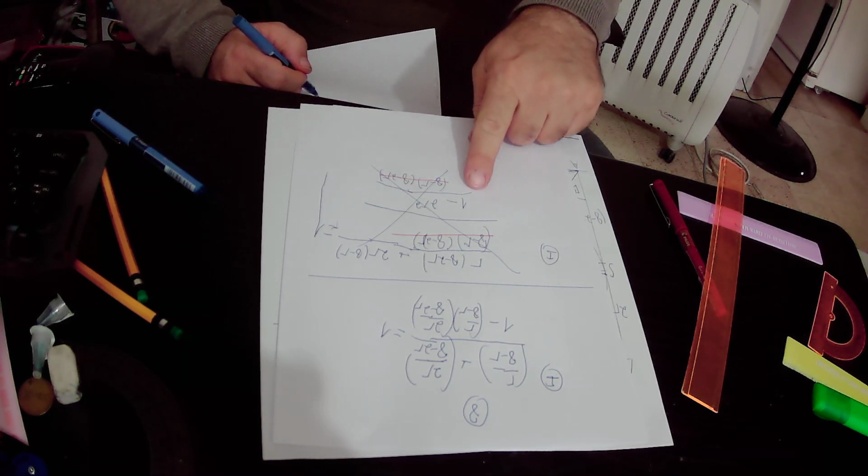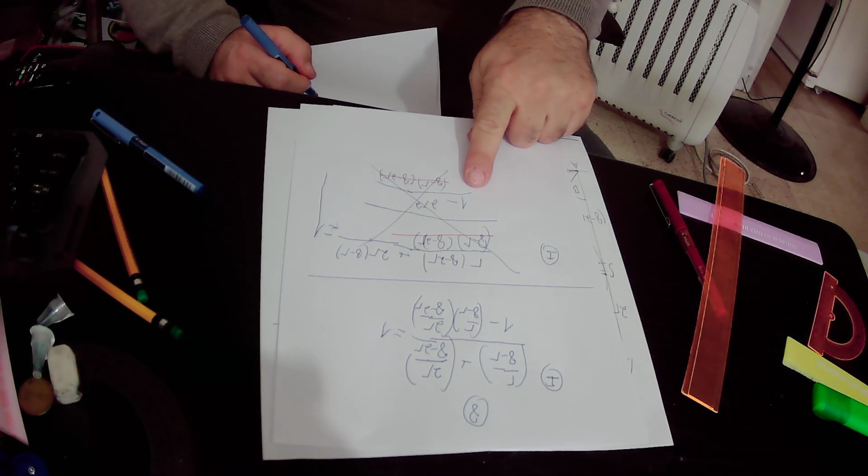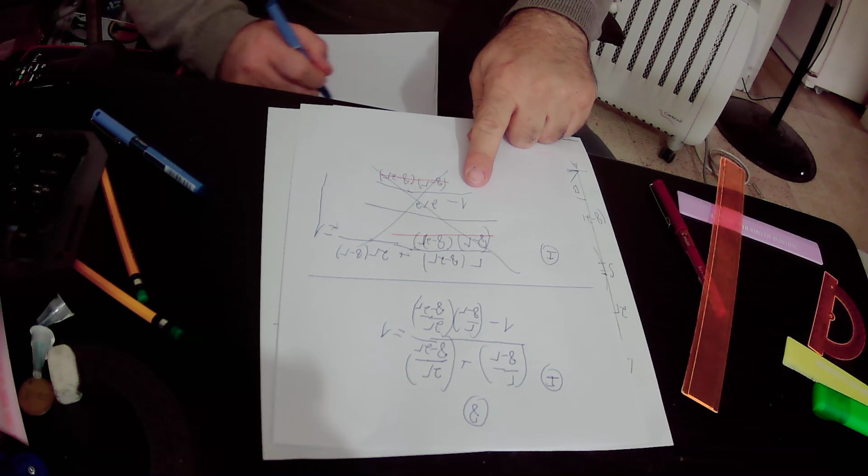Here we will substitute 1 by 8 minus R over 8 minus R times 8 minus 2R over 8 minus 2R.